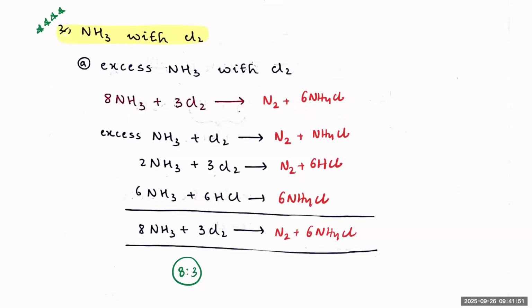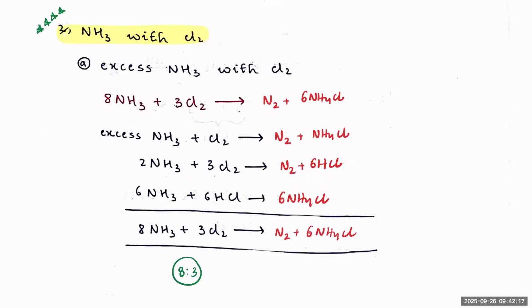Got it? The reaction typically goes with this mechanism: when you react ammonia with chlorine, chlorine acts like an oxidizing agent. So when you take the first 2 moles of ammonia, it reacts with 3 moles of chlorine and converts into N2 plus 6 moles of HCl.